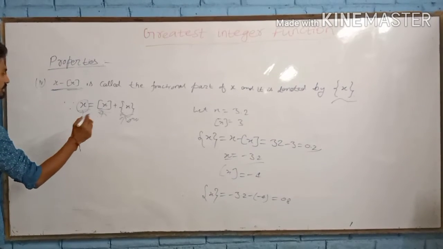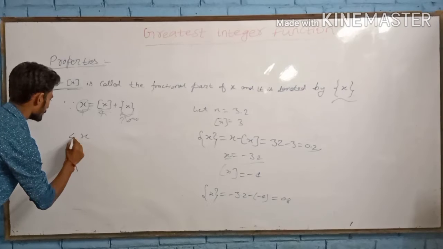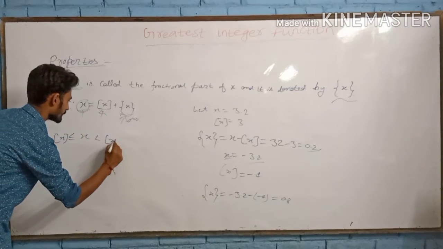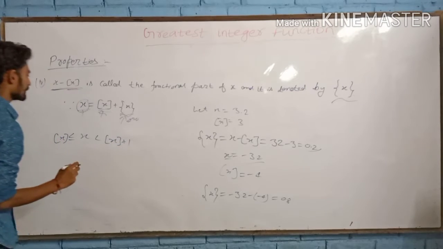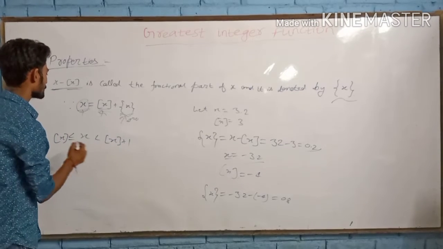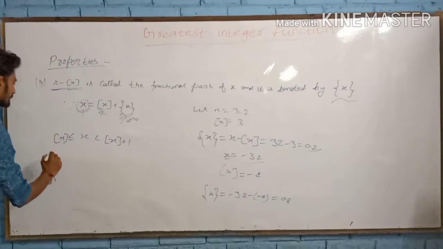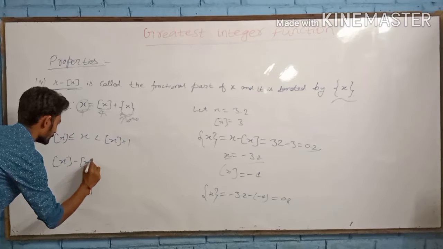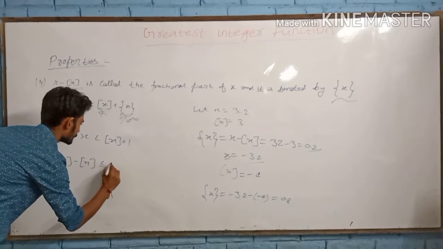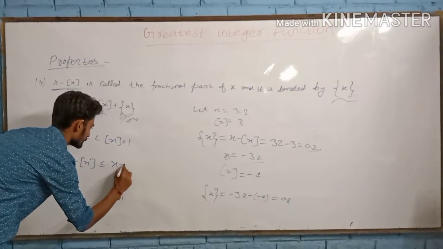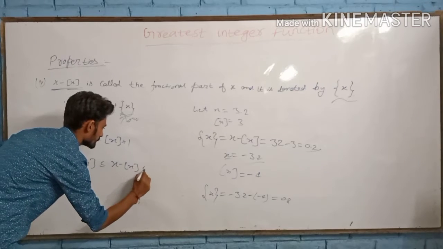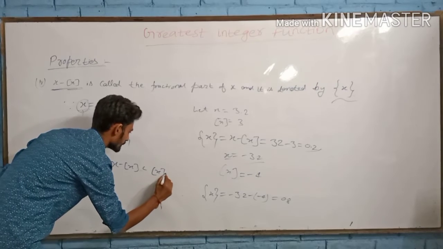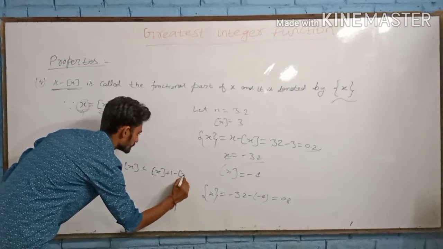As we have discussed in the first property, x lies between ⌊x⌋ and ⌊x⌋ plus 1. Now we are subtracting ⌊x⌋ from this. So ⌊x⌋ minus ⌊x⌋ is less than or equal to x minus ⌊x⌋, which is less than ⌊x⌋ plus 1 minus ⌊x⌋.